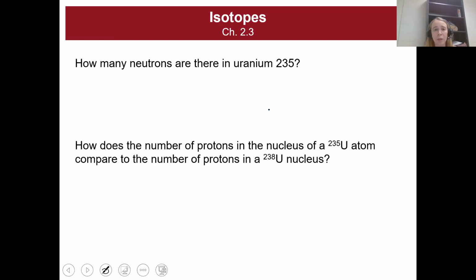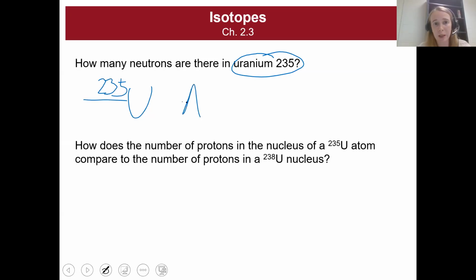All right, so how many neutrons are there in uranium-235? So uranium-235 is this one, which means its mass number is 235. So A, our mass number, equals 235. And the number of neutrons, remember, is A minus Z, A minus the atomic number.